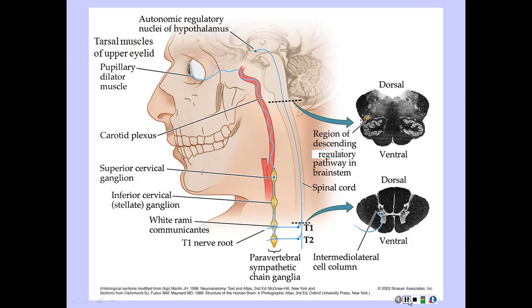You get a constricted pupil. So it really shows you how these hypothalamic neurons are driving these spinal neurons, and how these spinal neurons are driving the ganglionic neurons, and the ganglionic neurons are the ones causing pupillary dilation, ending up with a constricted pupil.